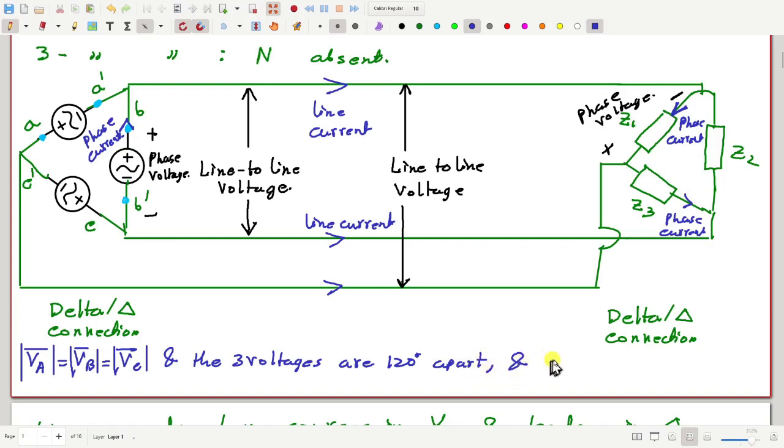And if these three complex loads, Z1, Z2 and Z3, are also equal, then this is a symmetric situation, and we call it a balanced system.